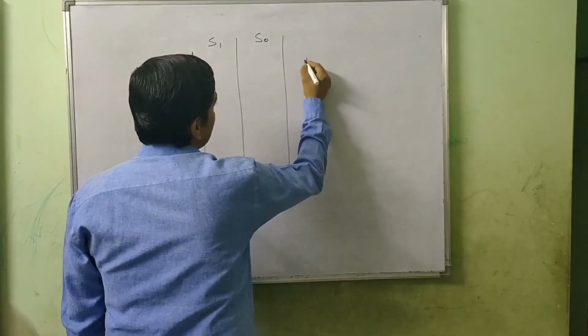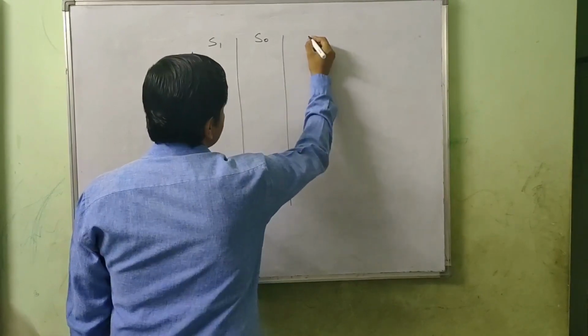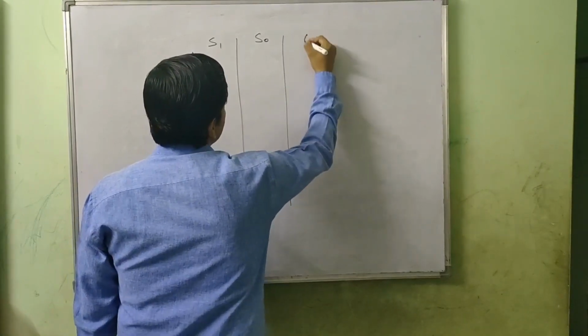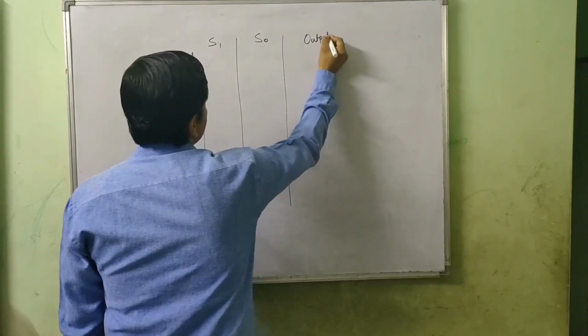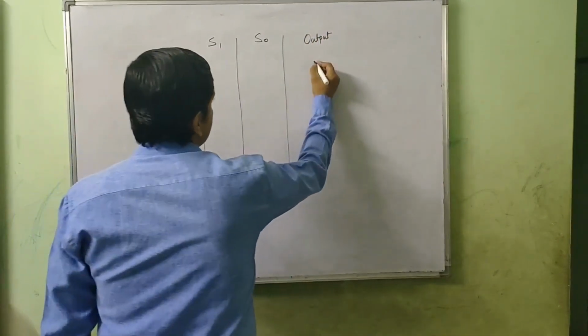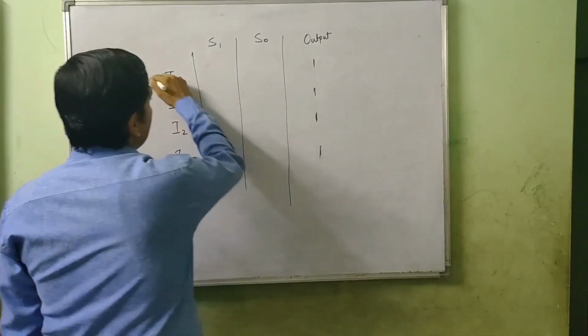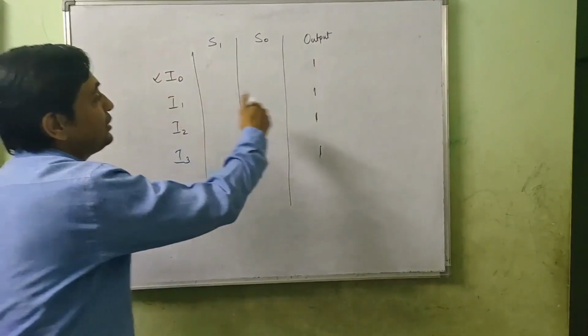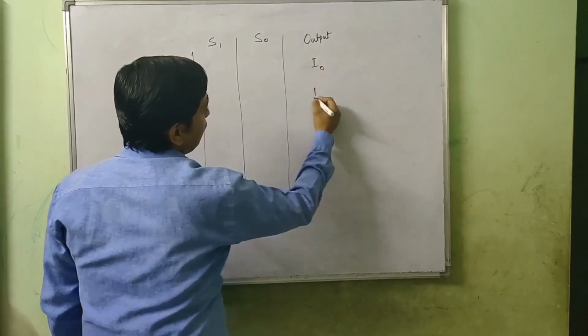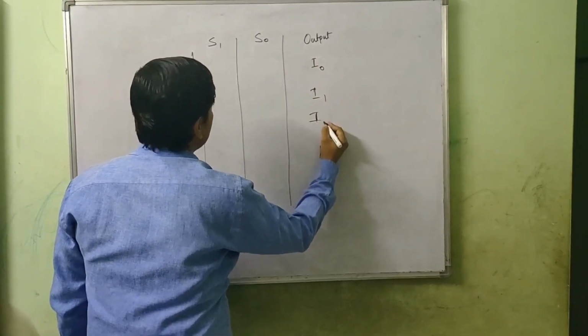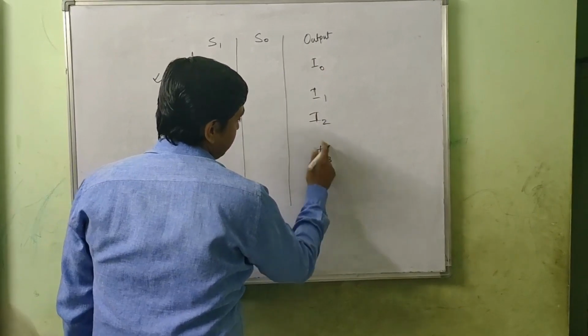So when I0 is the output, so let it be 1, 1, 1, 1. When I0 will be 1, that means when output will be I0. Okay, here output will be I1, here output will be I2, here output will be I3.